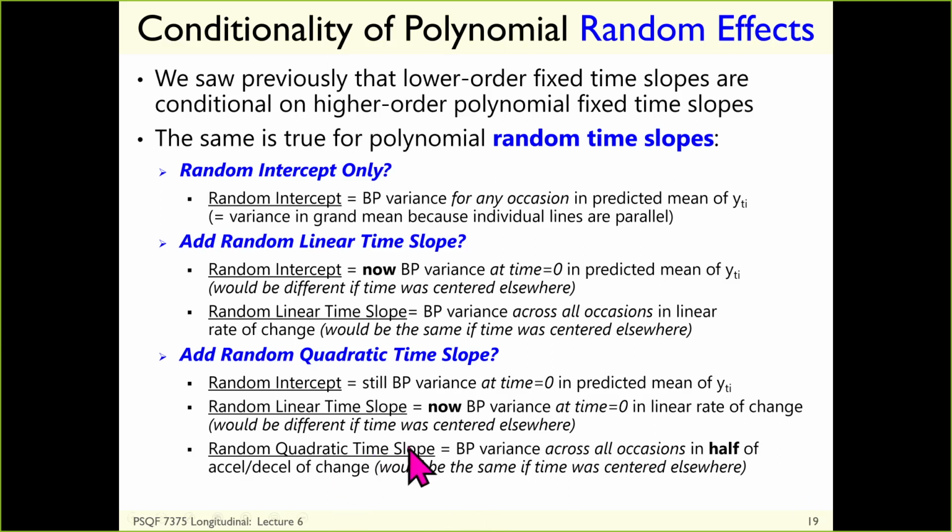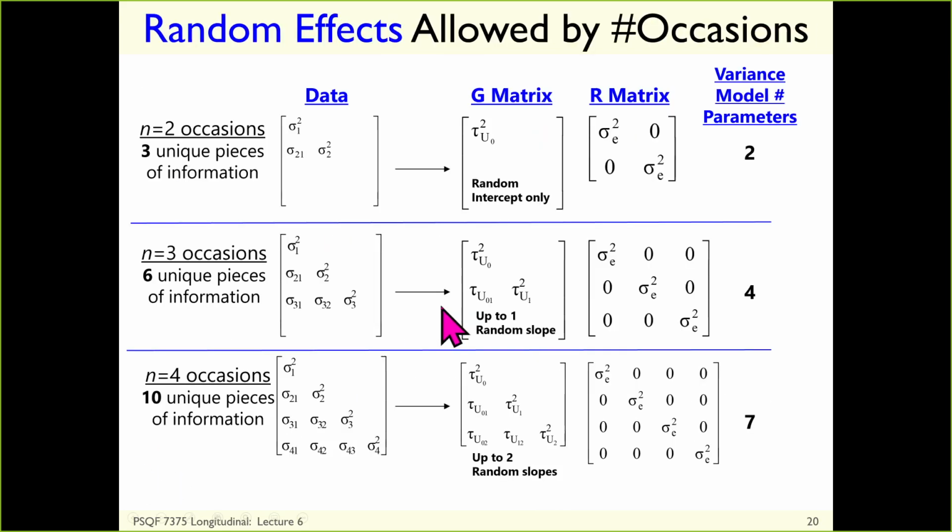And random quadratic time slope variance then is individual differences in half the rate of acceleration, which is constant across time. So you'll see the piles of variance shuffle around as you add things to the model because they change what they mean in the same way that the fixed effects change what they mean.